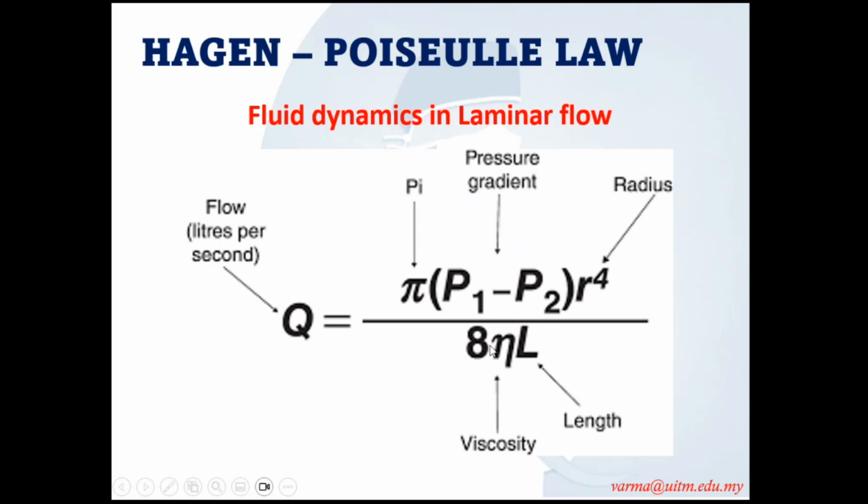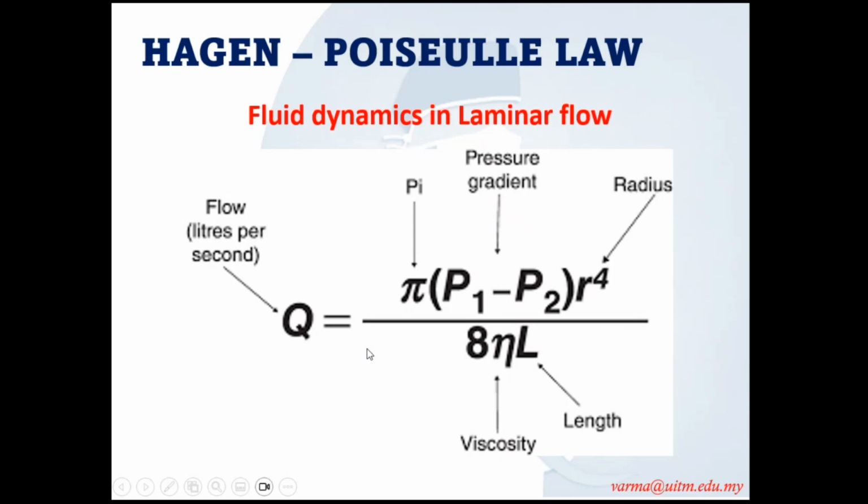Divided by 8NL, viscosity: the thicker the blood, the lower the flow. Length: the longer the length, the lesser the flow. That's why we don't want to use a lot of extension. If you're using an ETT or circuit, we don't want to have a lot of extension. Same goes for your drips and everything. If you have a longer extension, the flow has more resistance. Okay, so you have to know this.